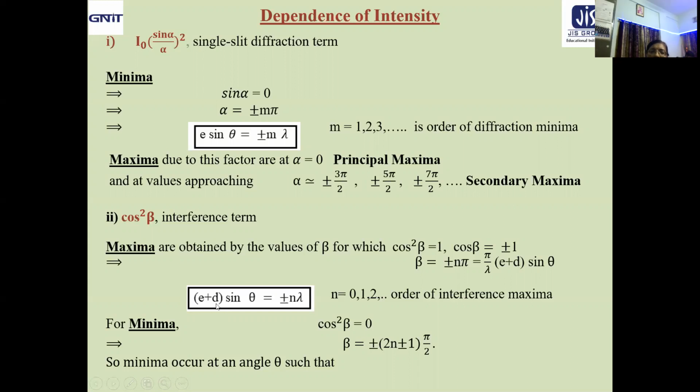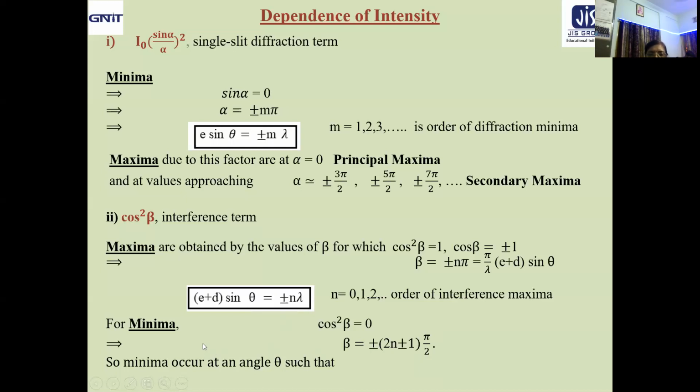e plus d, the points separated by a distance of e plus d are called corresponding points in case of double slit diffraction. Okay. Now, come to the case of minima. Obviously, you have to choose those values of beta for which cos square beta equal to 0. Now, which values of beta will satisfy that? Odd multiple of pi by 2. You all know odd multiple of pi by 2 in the cos factor will always give you 0.